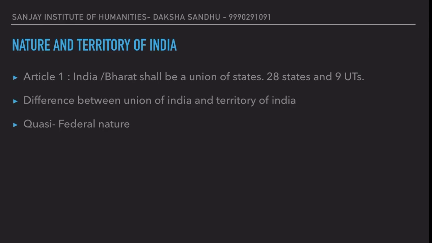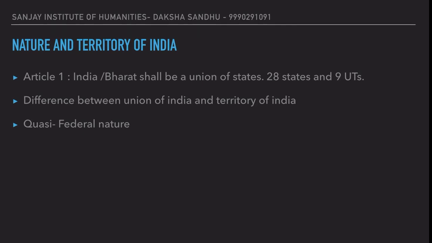One state, Jammu Kashmir, has been removed from the list of states and made a union territory, while Ladakh has also been created as a union territory. So at present, India has 28 states and 9 union territories.